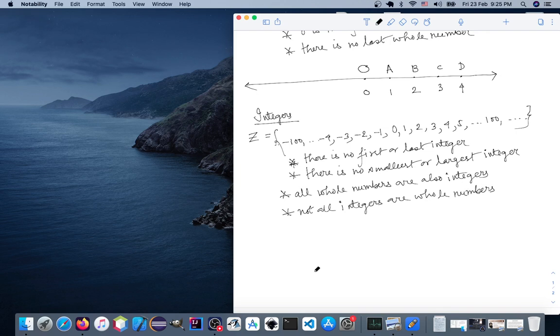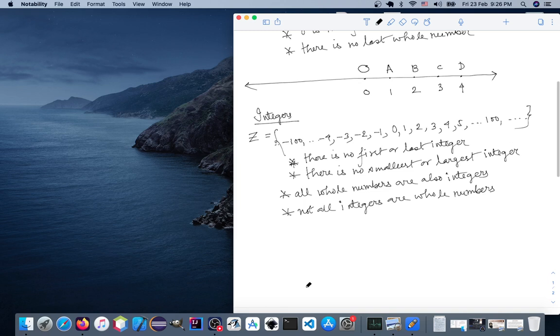So all whole numbers are also integers, definitely, because the collection of integers includes the whole numbers as well as the negatives of the natural numbers. So it includes the natural numbers and obviously the whole numbers. But if you take any integer, that may not be a whole number or a natural number, for example, any negative number is not a whole number or a natural number.